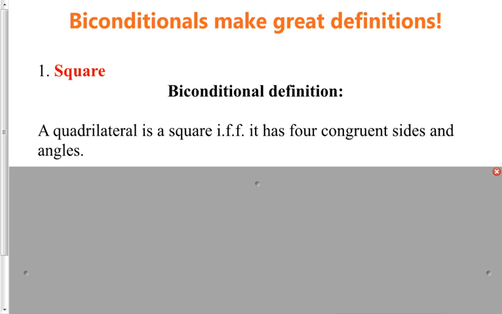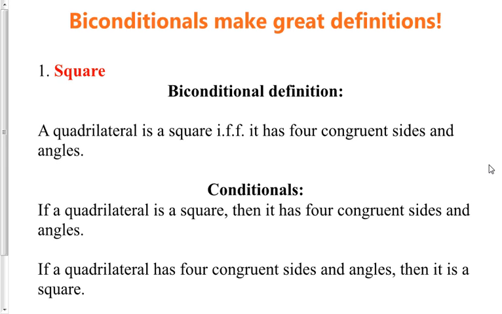Let's break it down into the two conditional statements. If a quadrilateral is a square, then it has four congruent sides and angles. If a quadrilateral has four congruent sides and angles, then it is a square. We can see that both conditional statements are true, which makes the biconditional definition a good one.